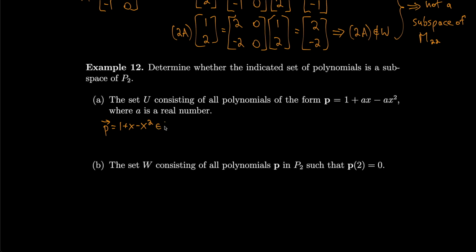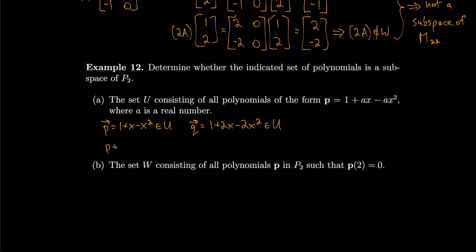Notice that's in U. It's a polynomial of the form 1 plus Ax minus Ax squared. And let's look at Q, where Q is equal to 1 plus 2x minus 2x squared, also in U.